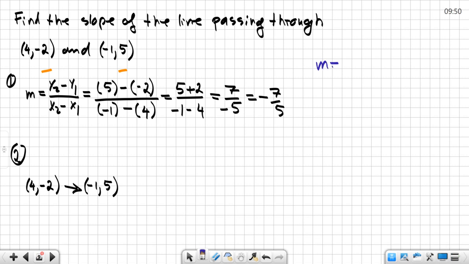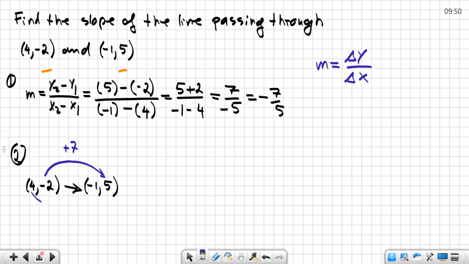The slope, m, is the change in y over the change in x. If I'm just focusing first on my y values, the change from -2 to +5, how much is that of a change? From -2, how do I get to +5? By adding 7.